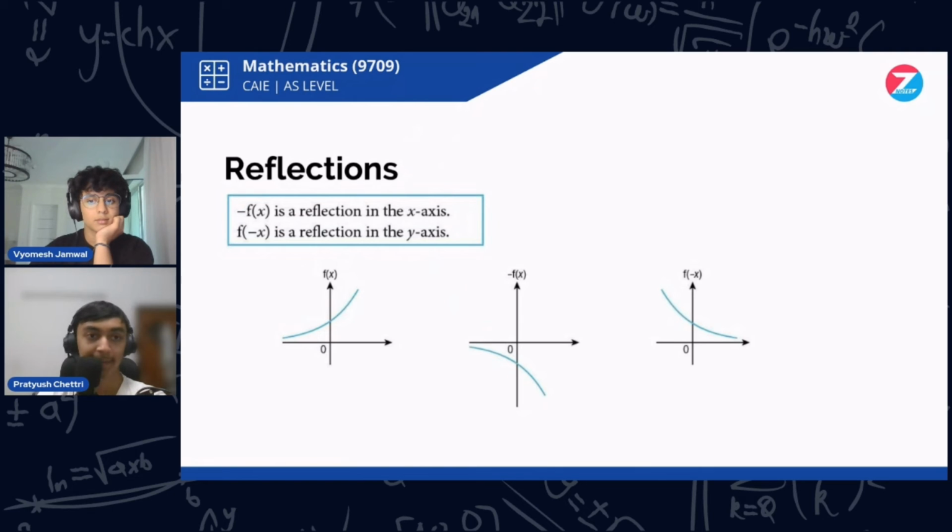f(x), and you negate it. It's a reflection in the x-axis. It's a reflection using the x-axis as a mirror. It's not a reflection that changes x values. What that means is, you see here, reflection using this line, the x-axis, as a mirror.